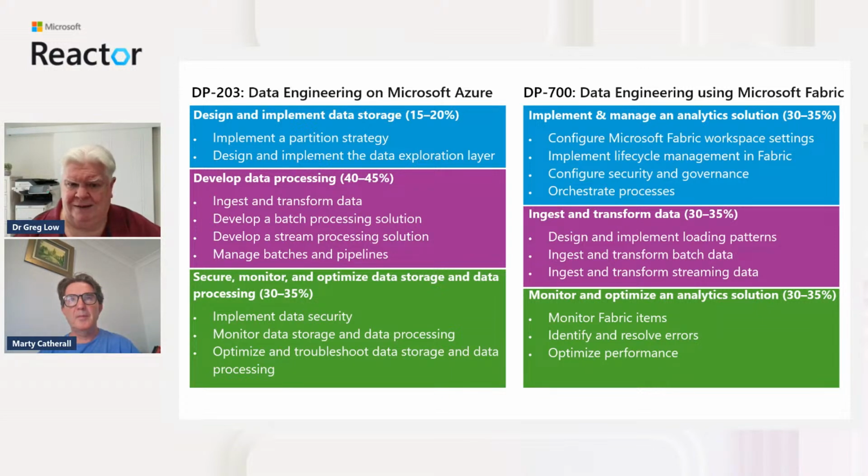In the ingesting, it's going to be, what are the loading patterns? So are we talking about incremental loads? Are we talking about refreshes? Are we talking about how we refresh semantic models and so on? That's the sort of content there. And importantly, how do we also do that for streaming data? So we often do this constantly or in batches of data, but we might also need to look at streaming data.